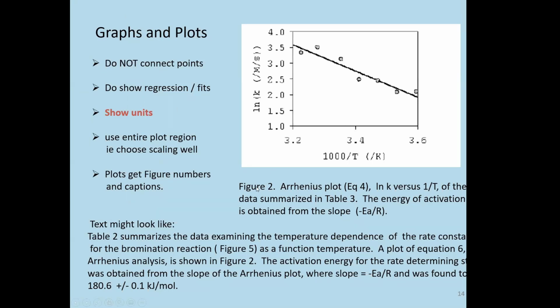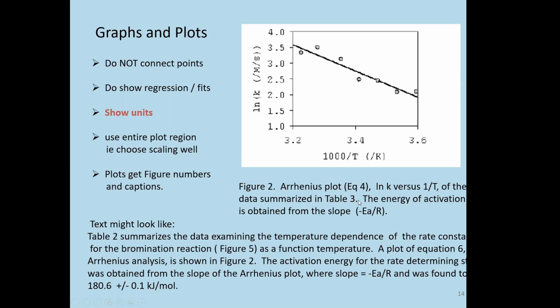This figure comes with a figure number. So Figure 2 is an Arrhenius plot, and that's based on equation 4. That's the natural log of k versus 1 over T, in this case 1,000 over T, of the data summarized in Table 3.